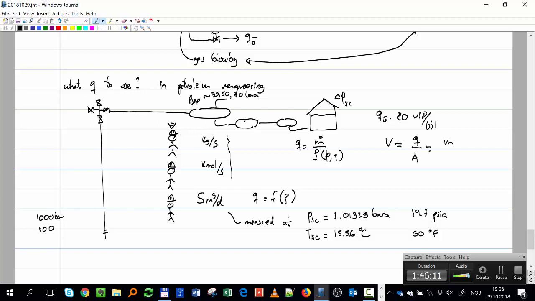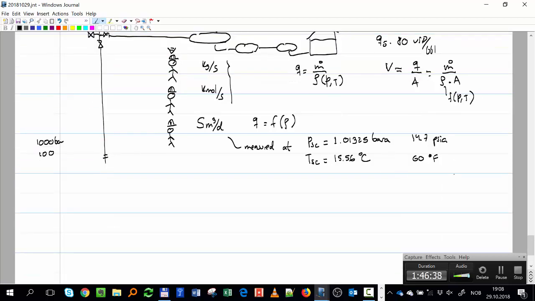And that, again, is M divided by density, which is a function of pressure and temperature. Okay, so I'm still obliged, if I want to calculate pressure drop, I have to use local velocity, okay, local velocity, local rate. I have to calculate the local rate.